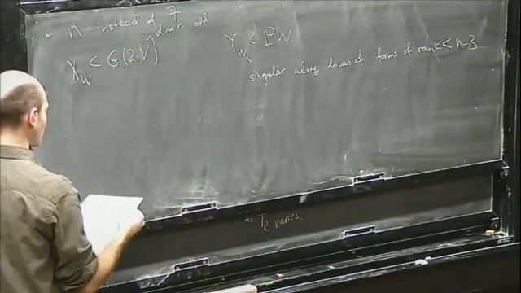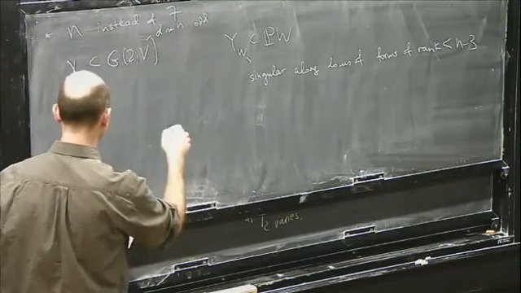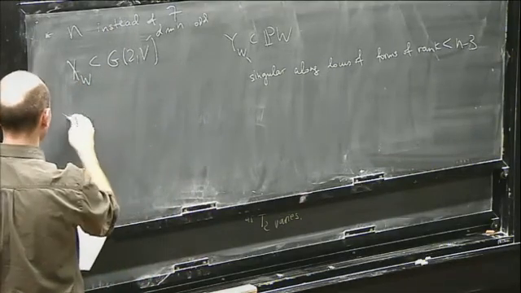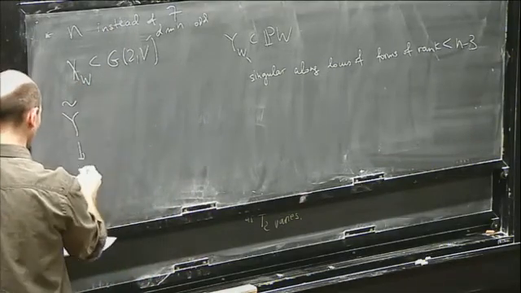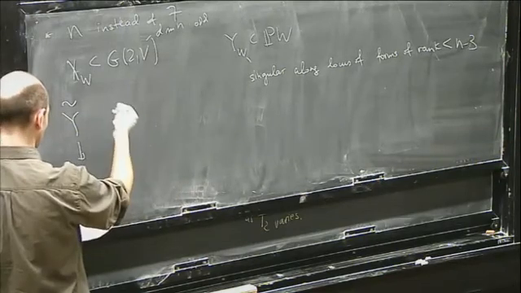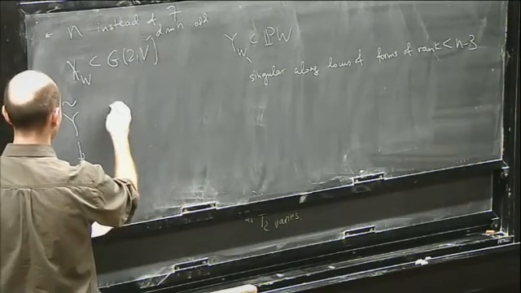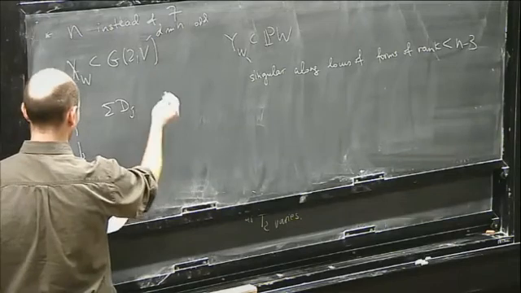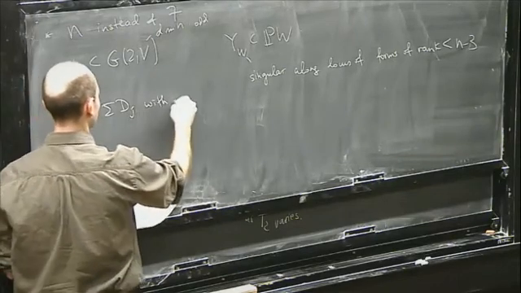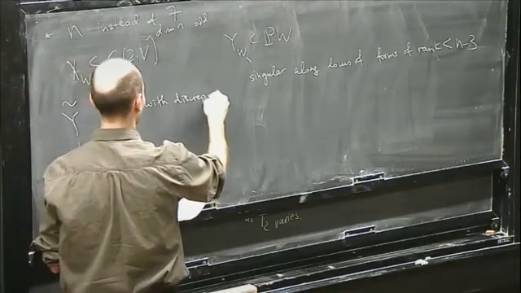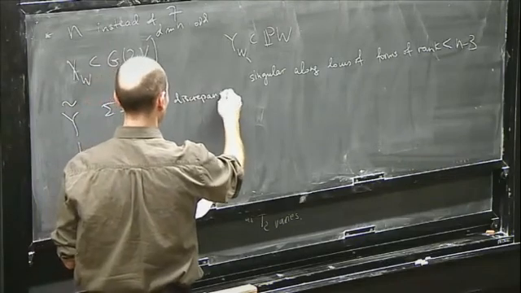There is something called stringy Hodge numbers of YW. The way it goes is as follows. You take a log resolution. So you have exceptional divisors with discrepancies alpha_i, alpha_j, I guess.